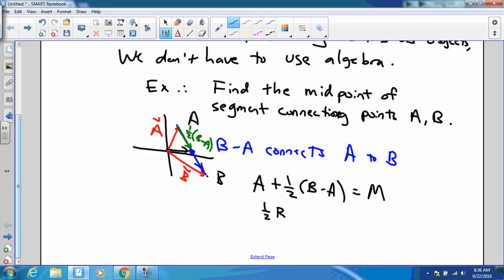And when I simplify these using our vector addition rules, I get A plus a half of B minus a half of A, which is a half A plus a half B. And so I discover that the midpoint of the points A and B is kind of what we suspected. It's the average of A and B. And I discovered that using vector analysis without any reference to components. This is the power and the beauty of vector analysis. And anytime you can do this, we will.